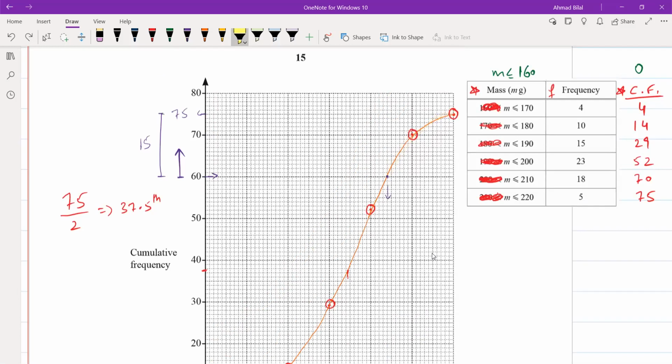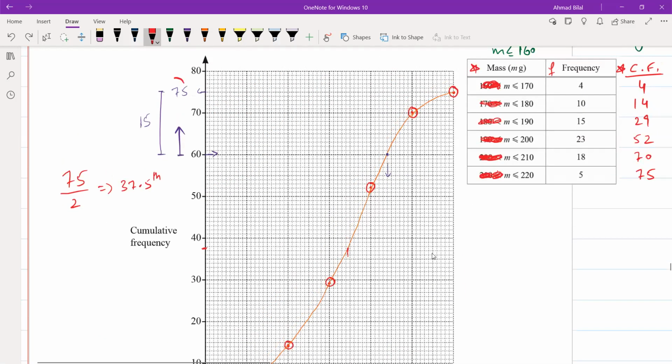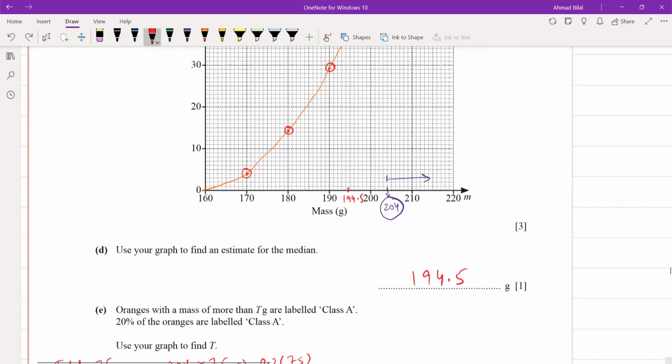We will have to see on the graph there. 75 was the total. Subtract 15 from 75, we get this point 60. Against 60, you go and look, what value comes? That's this value. That's 204. Is this clear? Yes, sir. Yes.